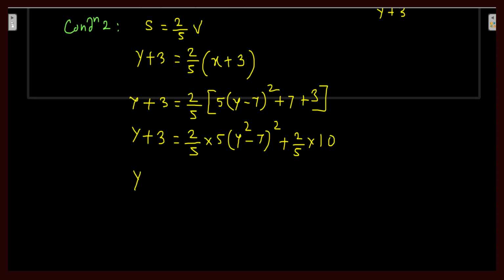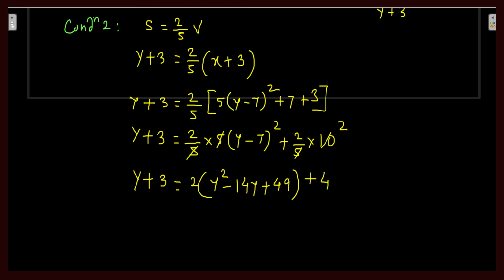Simplify this further: the 5 and 5 get cancelled, and this is 2 into bracket Y square minus 7 twos are 14Y plus 7 square will be 49, plus 4.